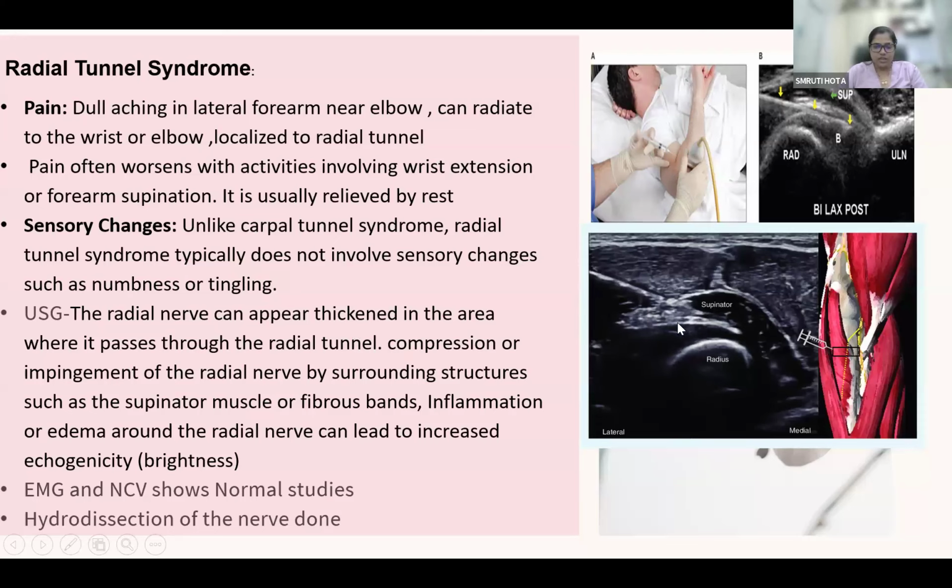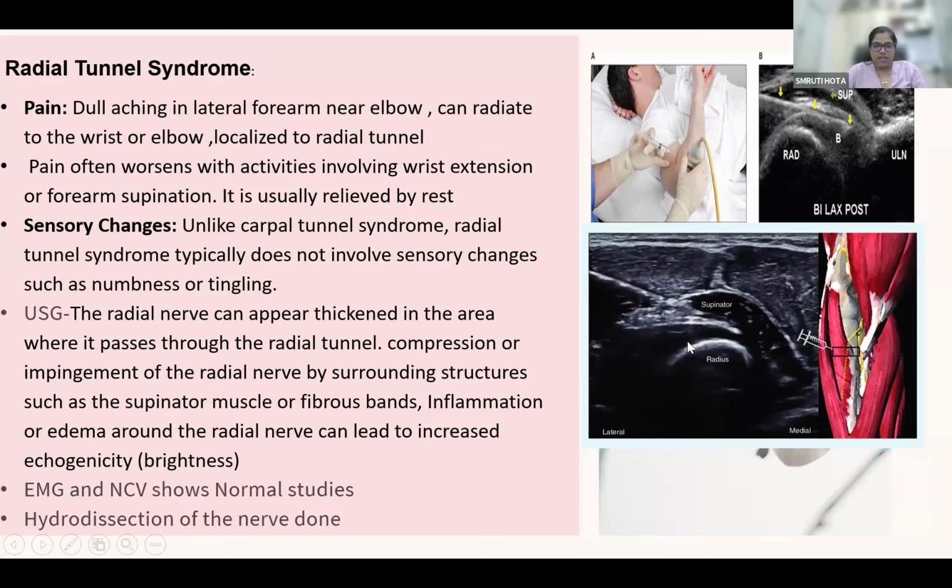Here you will see a large black hypoechoic nerve, and there is compression and impingement, with inflammation, and also you can notice the edema surrounding the nerve. And there will be increased echogenicity around the nerve.